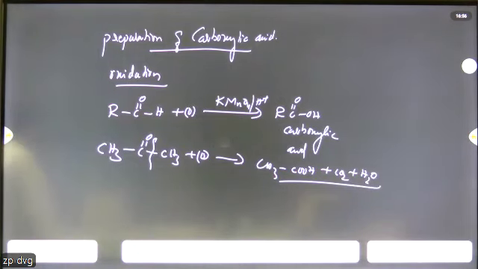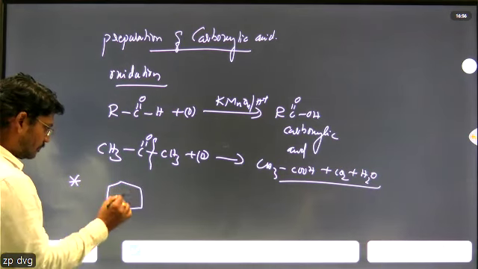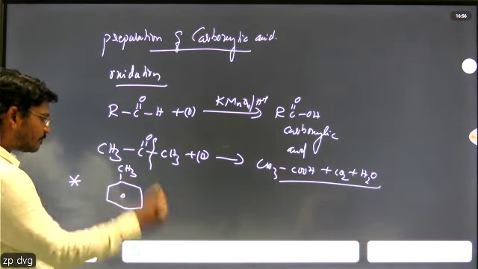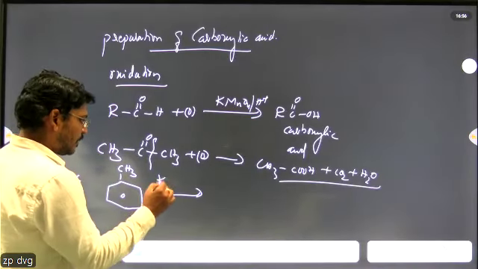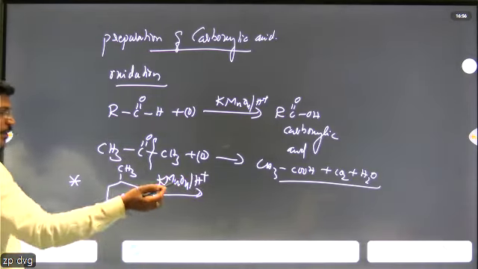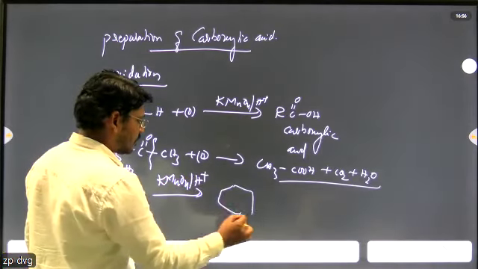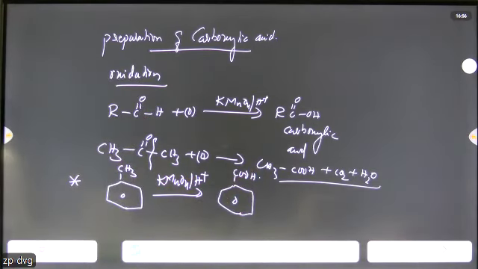Another method of preparation of carboxylic acid uses alkyl benzene. When this alkyl benzene reacts with KMnO4, a strong oxidizing agent, it directly converts the side chain into a COOH group.